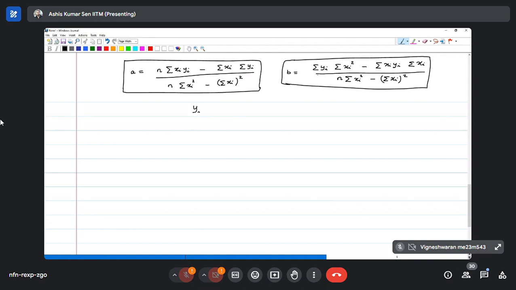Okay. So if you know A and B, you actually know the fitted curve. We call it y subscript c, that is the curve, or computed value of y for every value of x, that is ax plus b. Now there are two things.